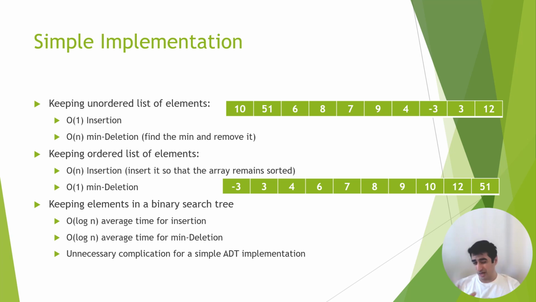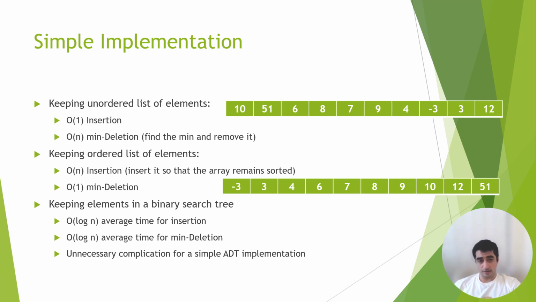A lot of rotation happens when you're doing insert and delete, and it's too much complexity that we try to avoid when implementing a very simple priority queue abstract data type. In the following slide, I'll show you the simplest way to implement a priority queue, which is going to be using a heap.